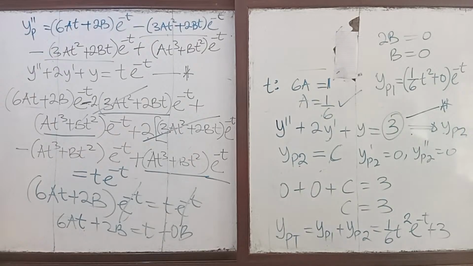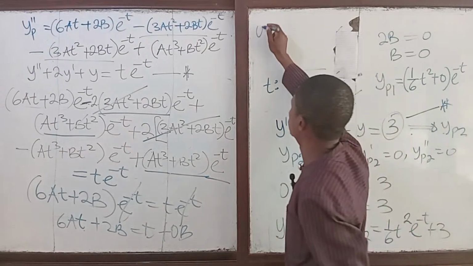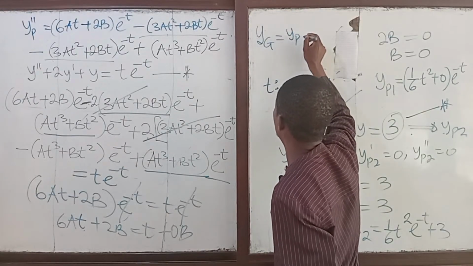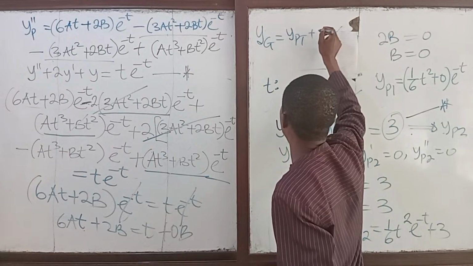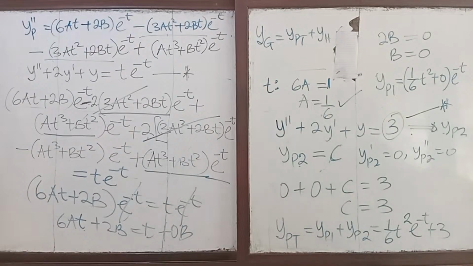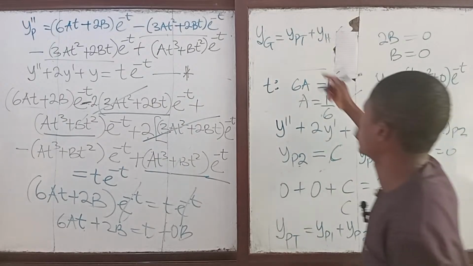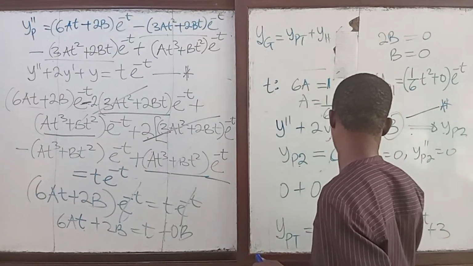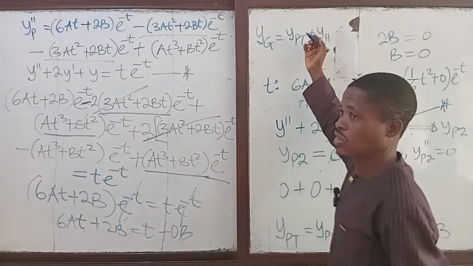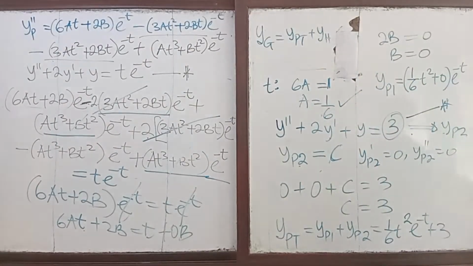Then the general solution will be equal to yp total plus the homogeneous parts. Just add them together, and that gives you the solution to your answer. Your yp total we have here, and the homogeneous parts we also have. Just write them to get that.